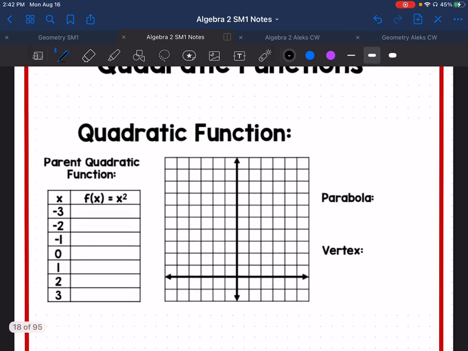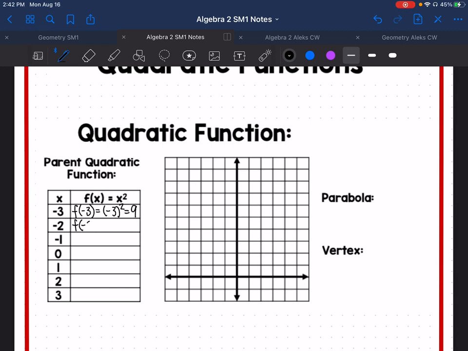The parent function, of course, for my quadratic is the graph f of x equals x squared or y equals x squared. Let's go ahead and substitute in some values and get some points. So remember, if I do f of -3, that means I'm taking this -3 and I'm squaring it. Not only am I doing 3 times 3, but I'm doing negative times negative, which gives me a positive 9.